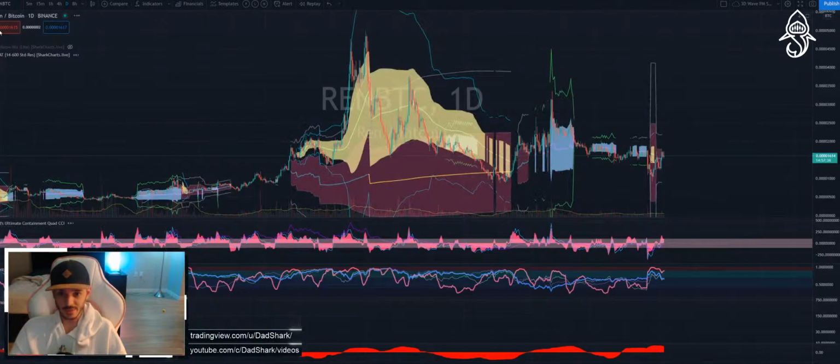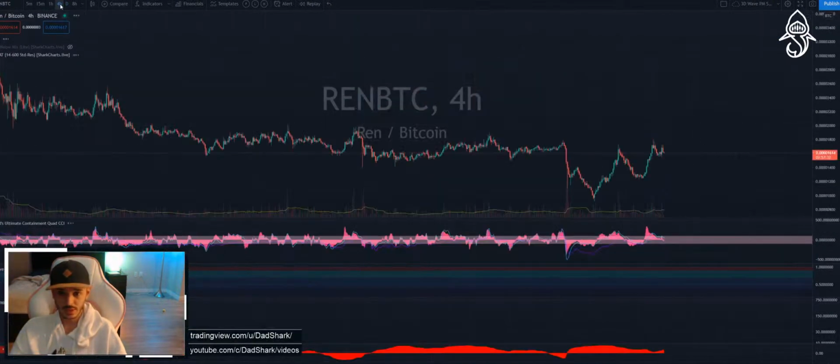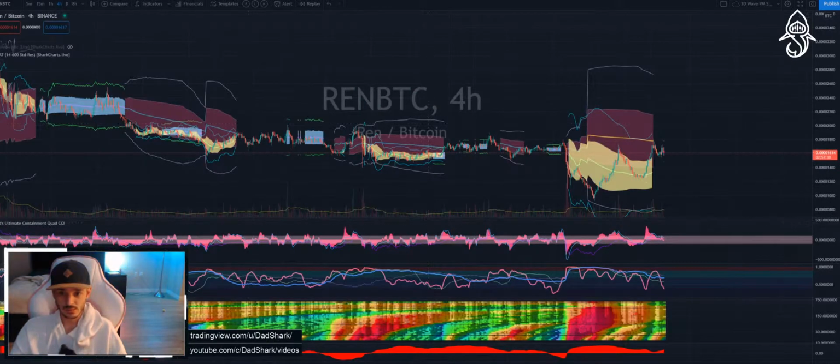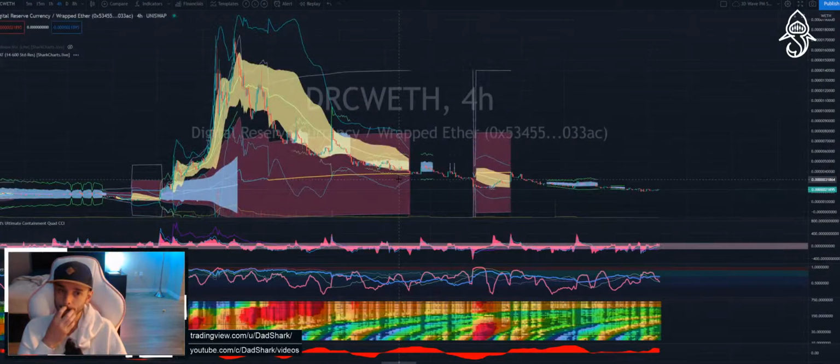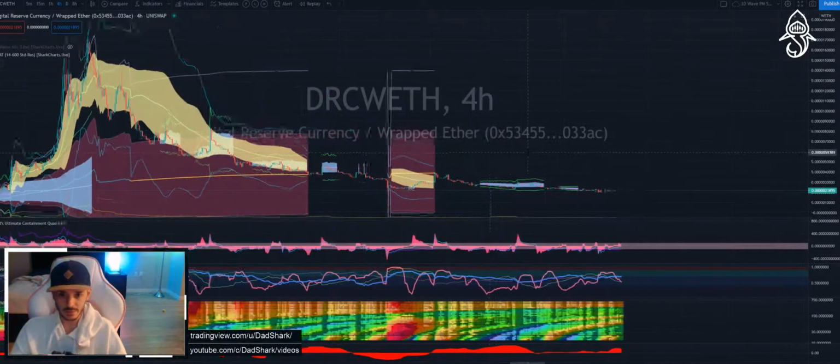8 hour does not look promising. Daily, no. 4 hour. Yeah, so this is neutral mean reversion. BRC. Okay. Very low cap.